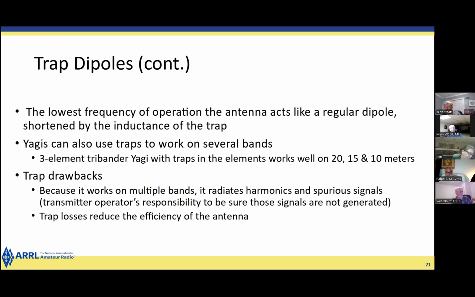You've got trap losses, so it reduces the efficiency of the antenna. It won't radiate as well as a full-size antenna, but I did pretty well with the one I had.